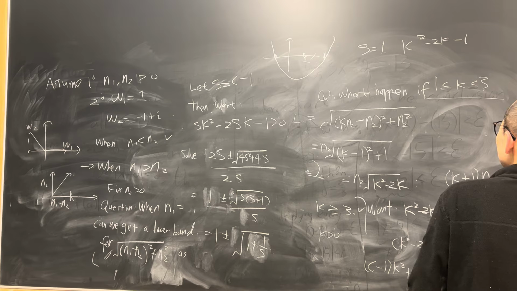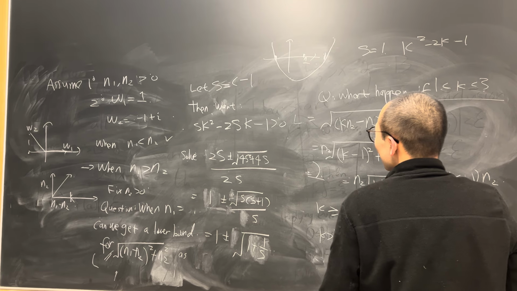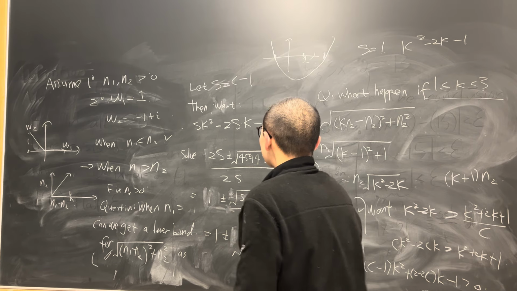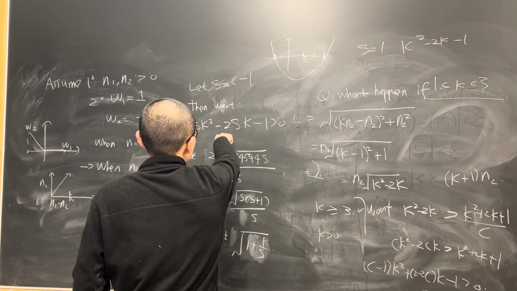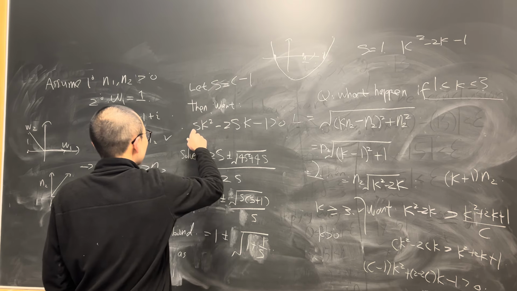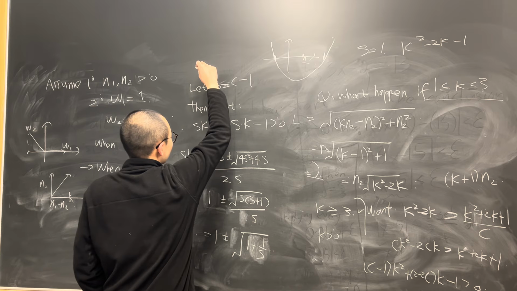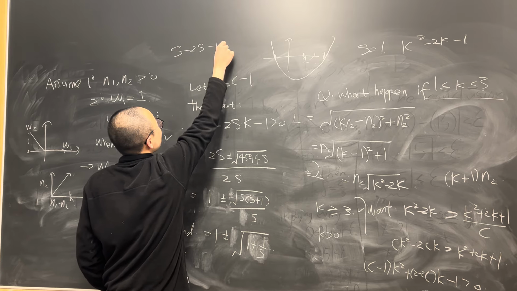Plug in 3, then it's bigger than 0. So what happens if you plug in 1 here? Then you have s minus 2, s minus 1 bigger than 0.